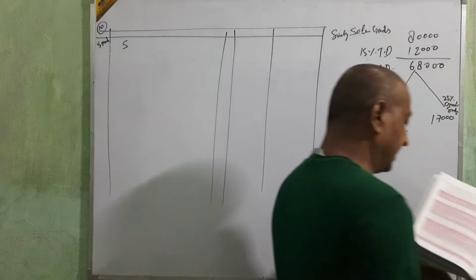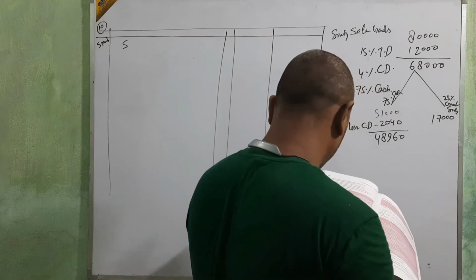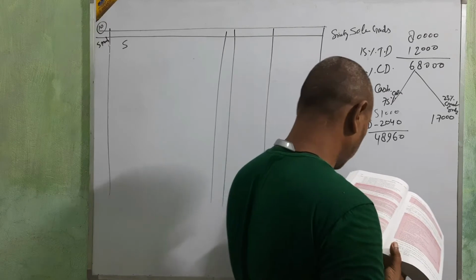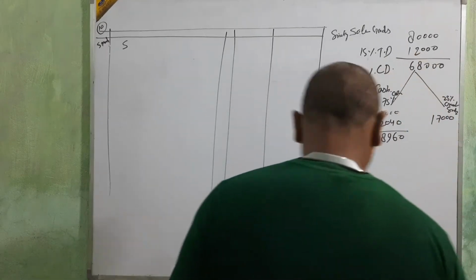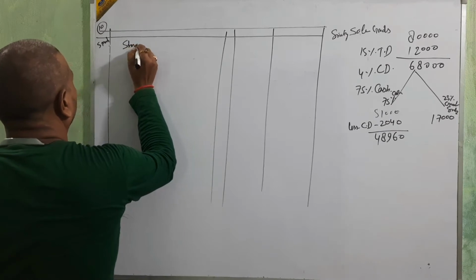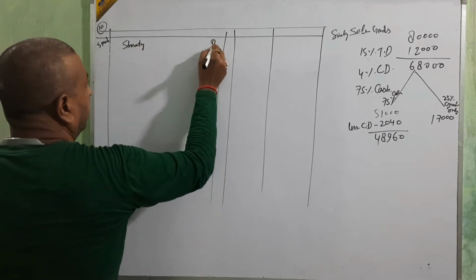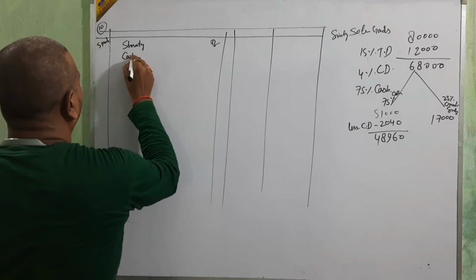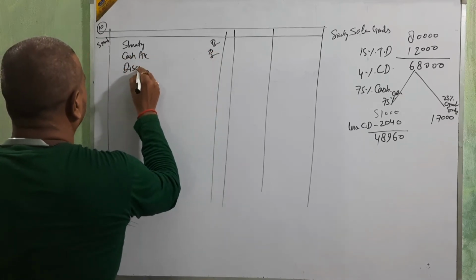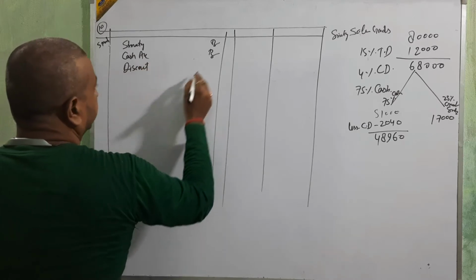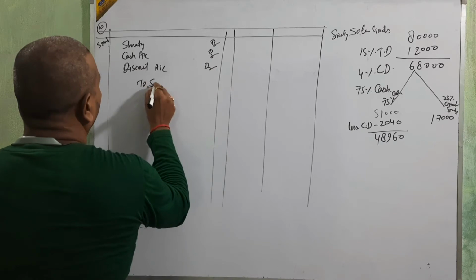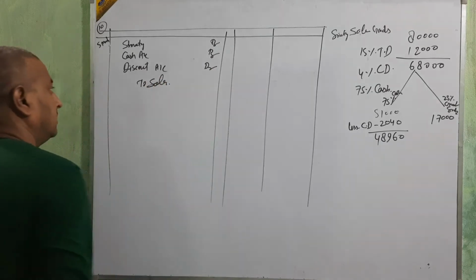Only this one case is there or two cases there? March 10. Okay, two cases here. The first case is there. Shruti, cash account, discount account, and sales.